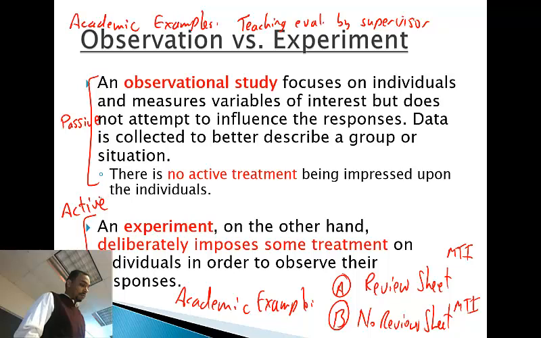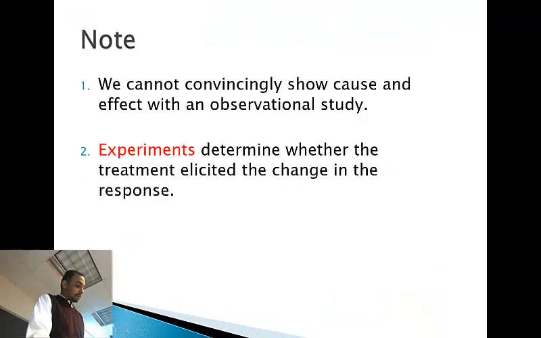With the observational study, you're just sitting back. You can't necessarily say that there's a cause-effect relationship going on. And with the experiments, as much as possible, we're going to try to attribute any changes to the actual experiment that we're conducting.